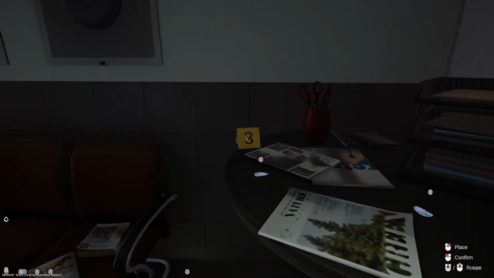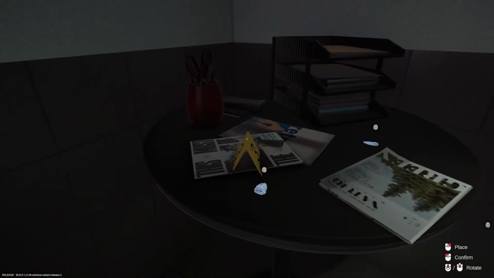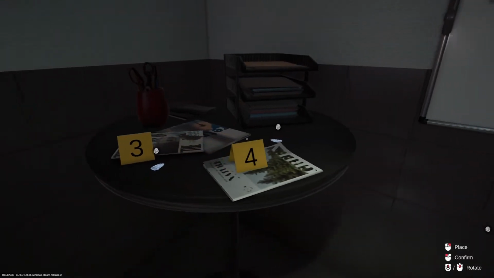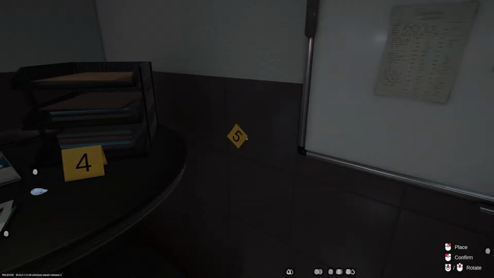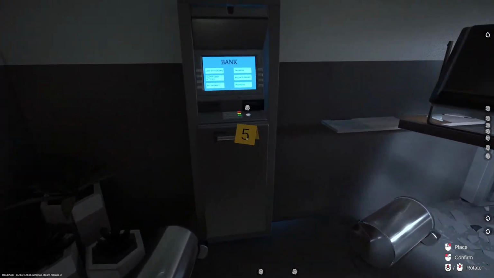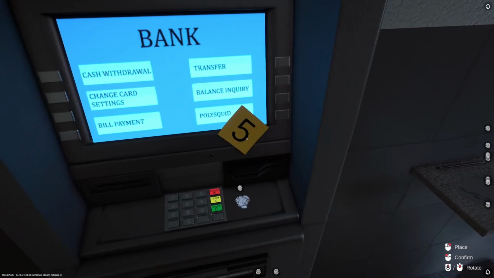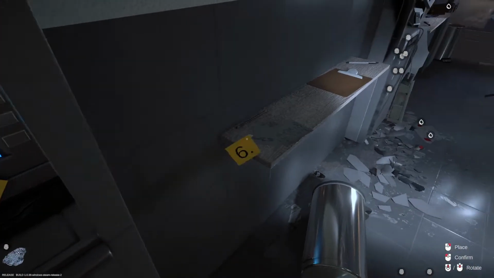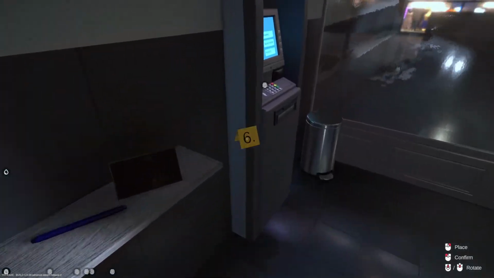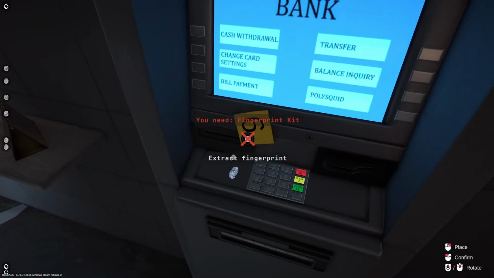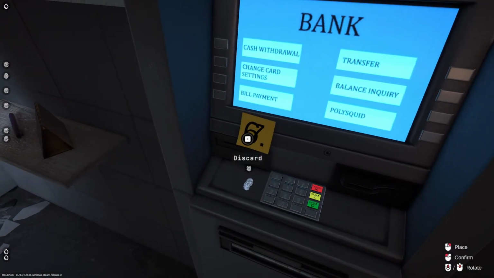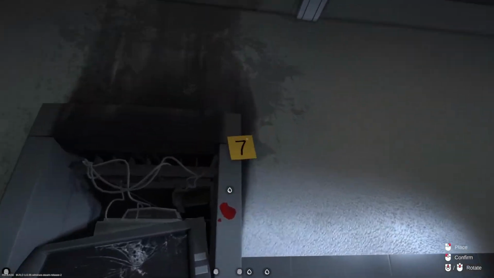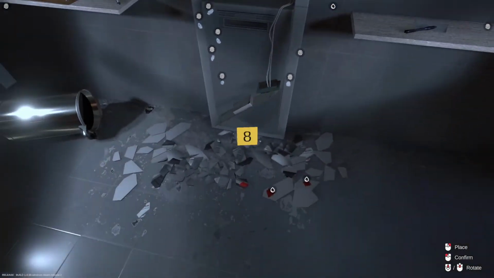I don't know if these fingerprints are going to yield anything, honestly. But, gotta take them. Alright, geesh. There's so many over here.